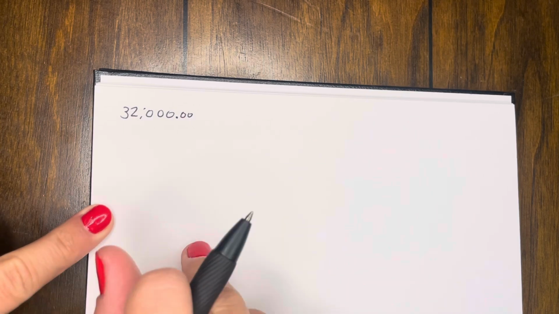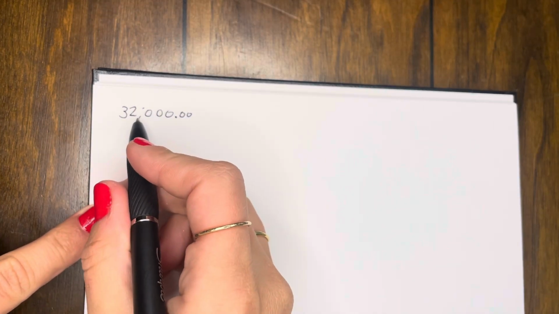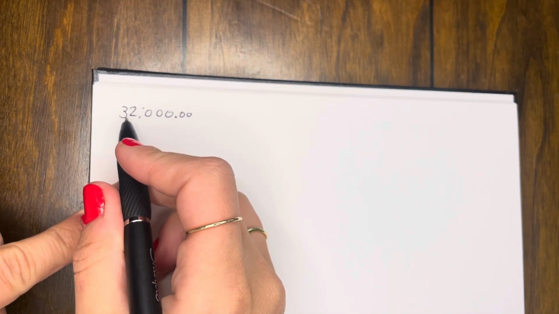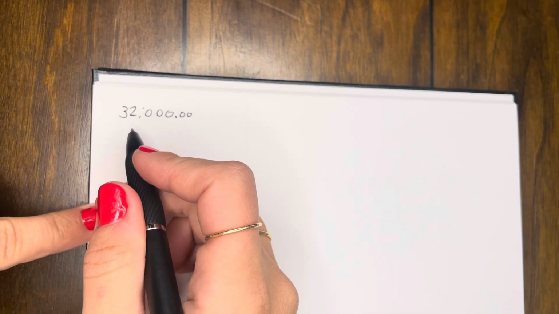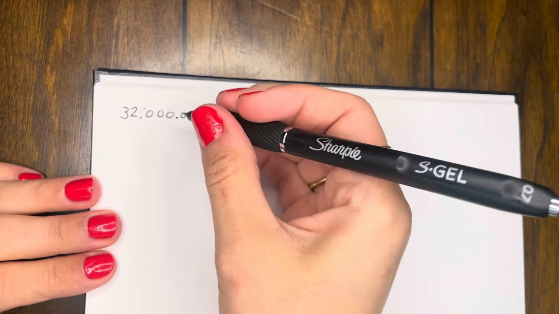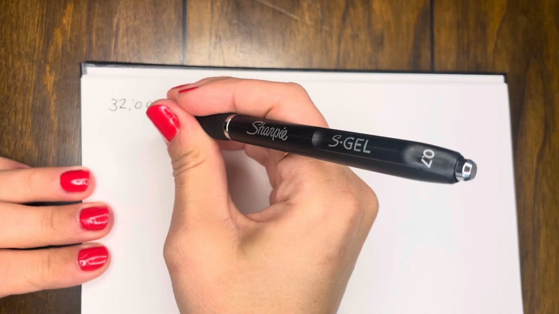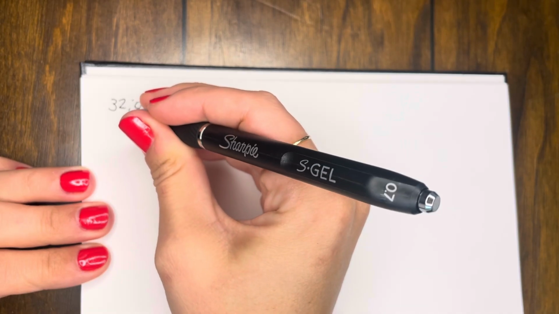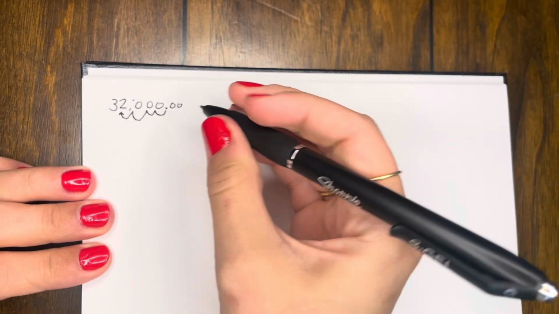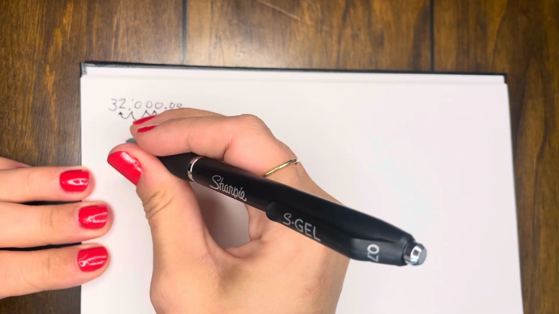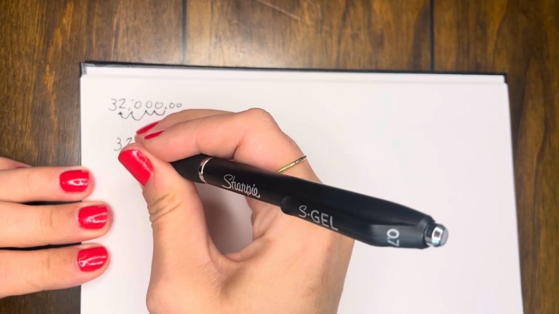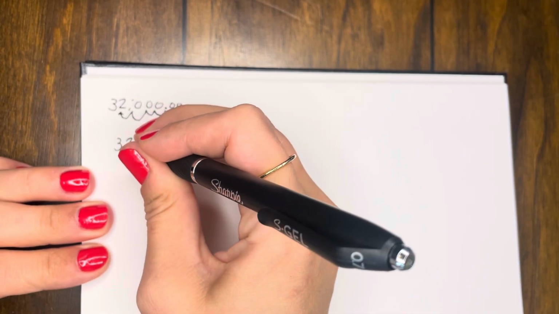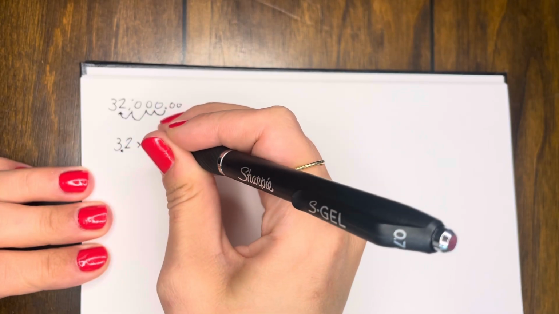You're going to move that decimal point until you have a number between 1 and 10. In this case, we can't do 32, so we're going to have to move it to between the 3 and the 2, so we can have a value that is 3.2. So we move it over 1, 2, 3, 4 places. And so we have 3.2 times 10 to the fourth.